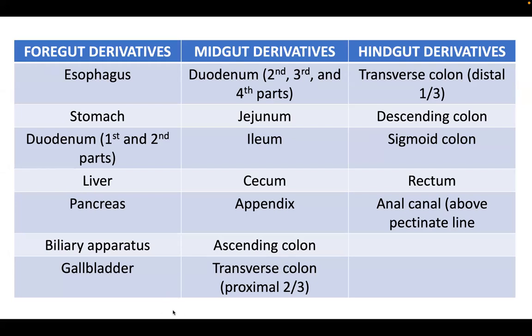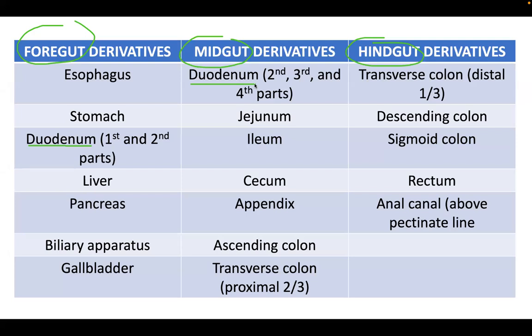What does Dr. Toom recommend you study? Number 1, foregut, midgut, hindgut. Memorize the following landmarks. Duodenum. Foregut derivative is what part of the duodenum? Proximal or distal?